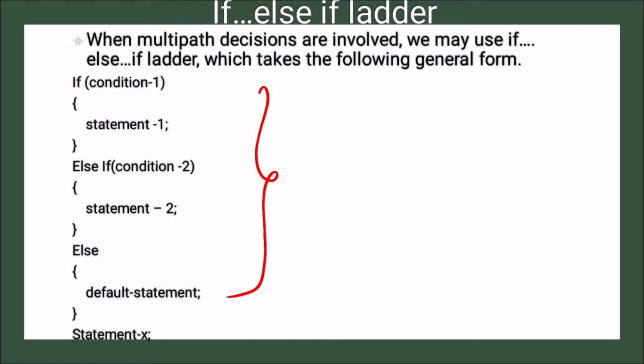First is the if with its condition and statement, then else if with condition 2, then after that statement, again else if as required, and at the end the last else statement. So this is the general form of the if else if ladder.